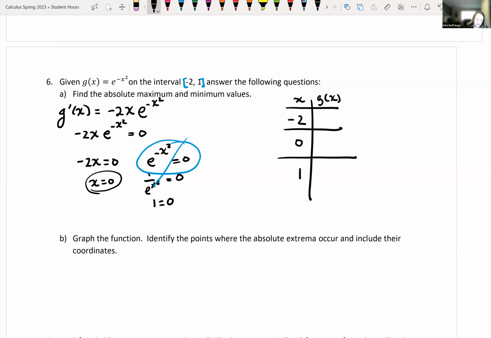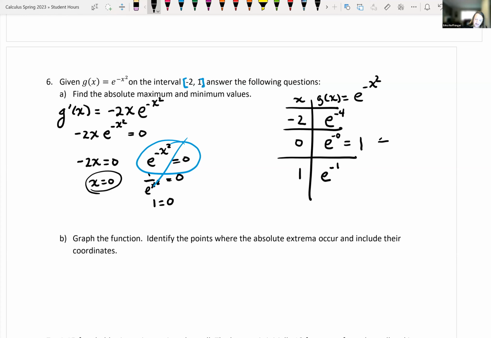Plugging back into the original function, e to the negative x squared: g of -2 is e to the -(-2) squared, which is 4, so I have e to the -4. G of 0 is e to the -0 squared, or e to the 0, which is just 1. If I plug in 1 wherever I see an x, g of 1 is e to the -(1) squared, which is e to the -1.